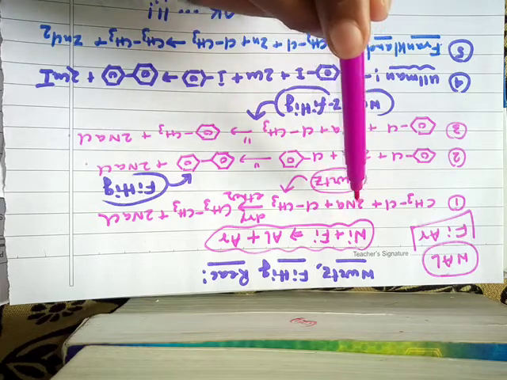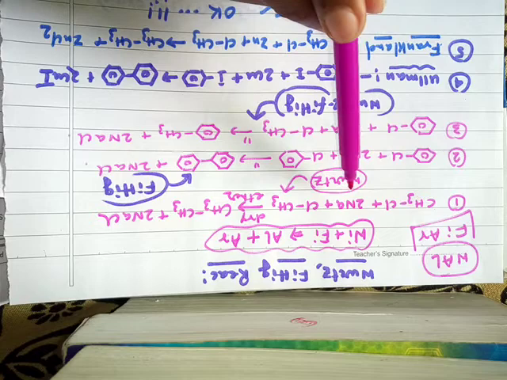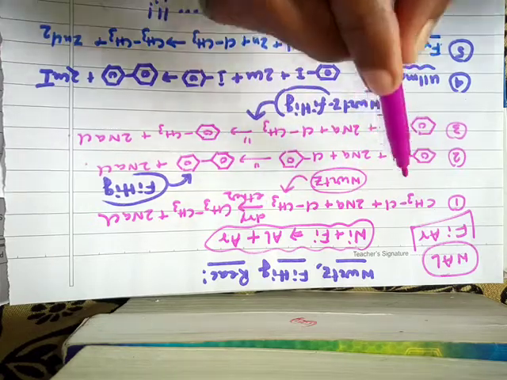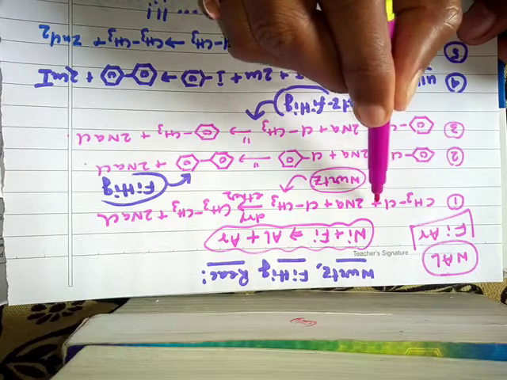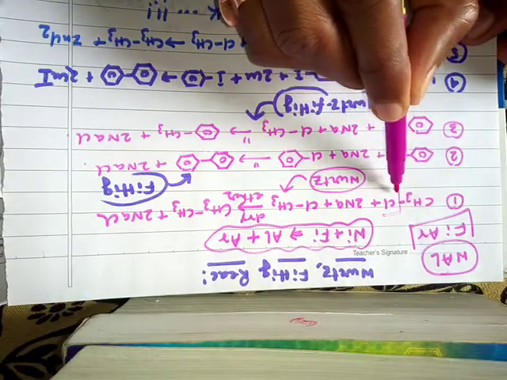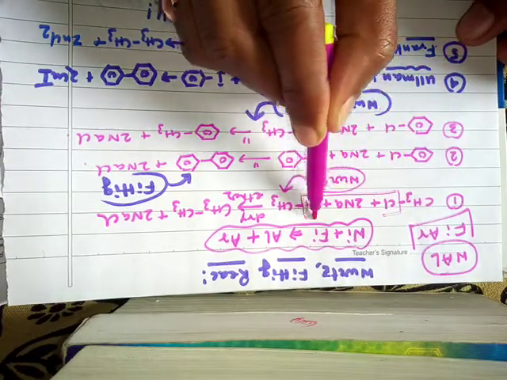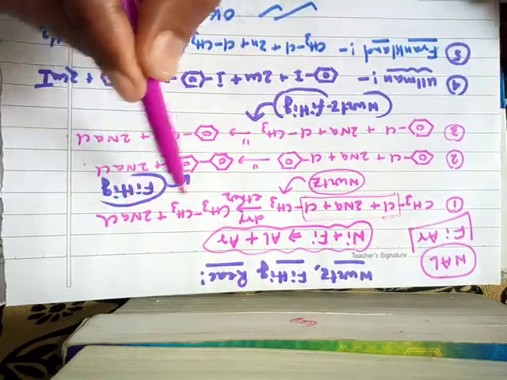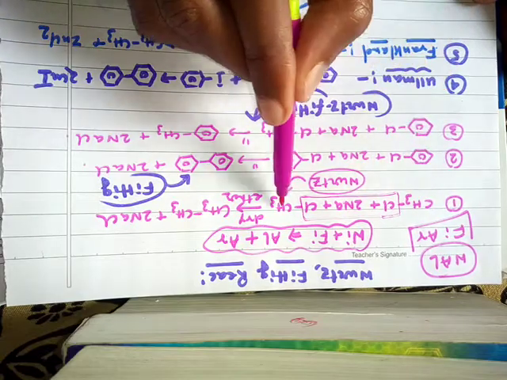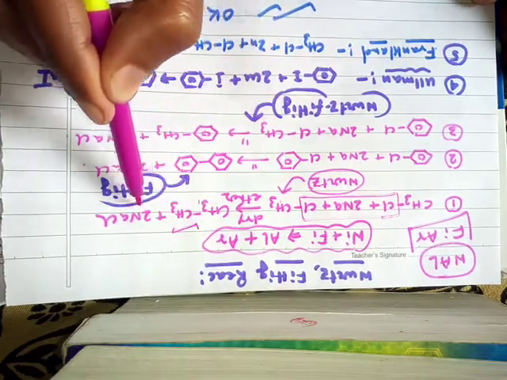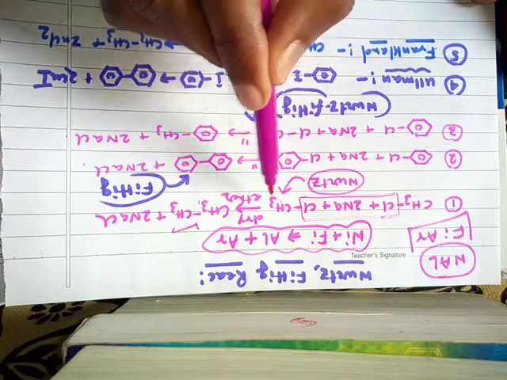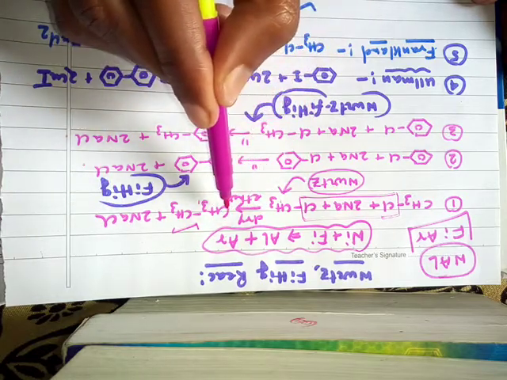You have to take dry ether as the reagent, and the product will be CH3-CH3, with NaCl as the byproduct. So the addition product will be CH3-CH3, and NaCl will be the byproduct. In the case of the Wurtz reaction, the reaction takes place in the presence of dry ether.